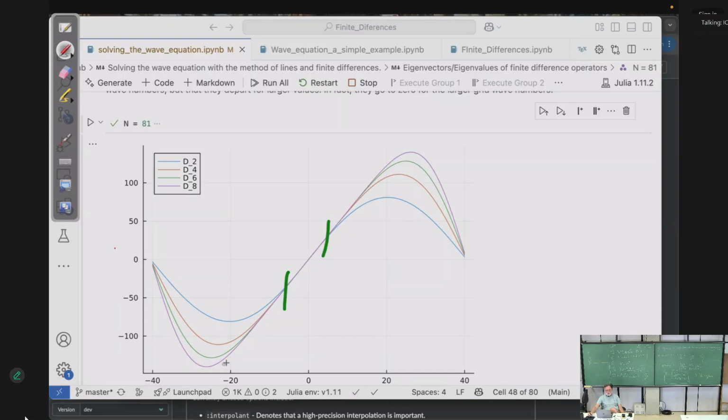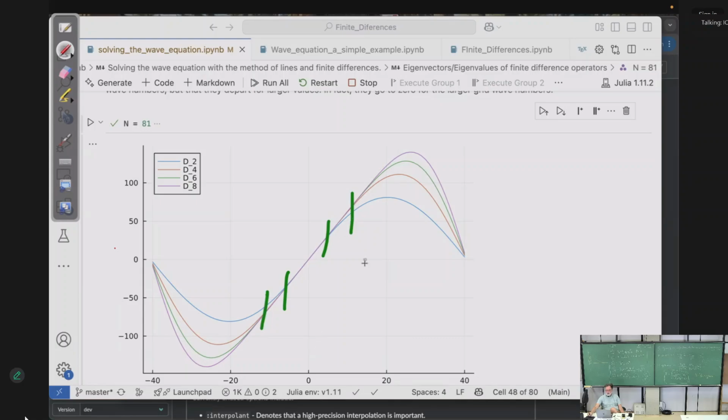But further away in wave numbers, they behave pretty badly, and they go to 0. So in general, you try to do your calculations with wave numbers in this region.